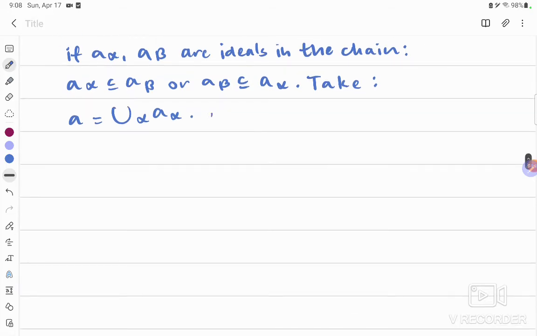So A is an ideal, and we will show that here.